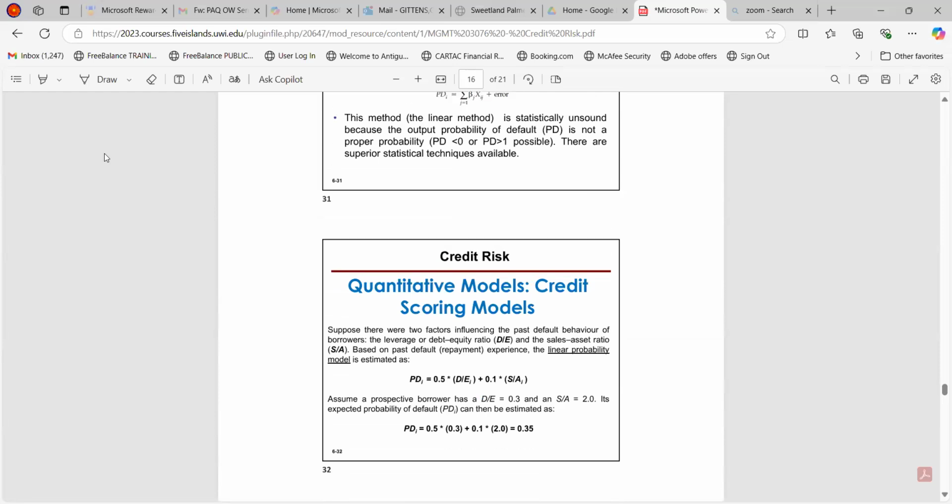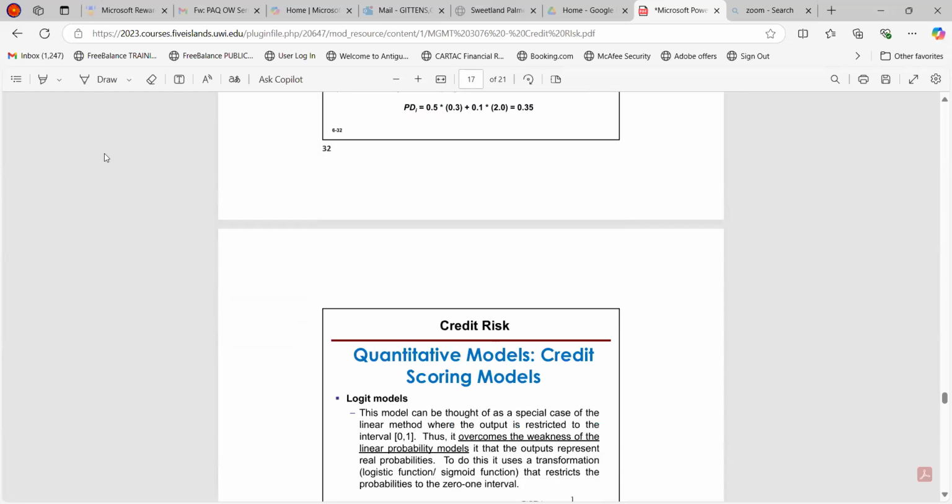The logit model is an interval, 0 to 1, and that's mathematical. So the outcome represents real probabilities because you're only between 0 and 1.